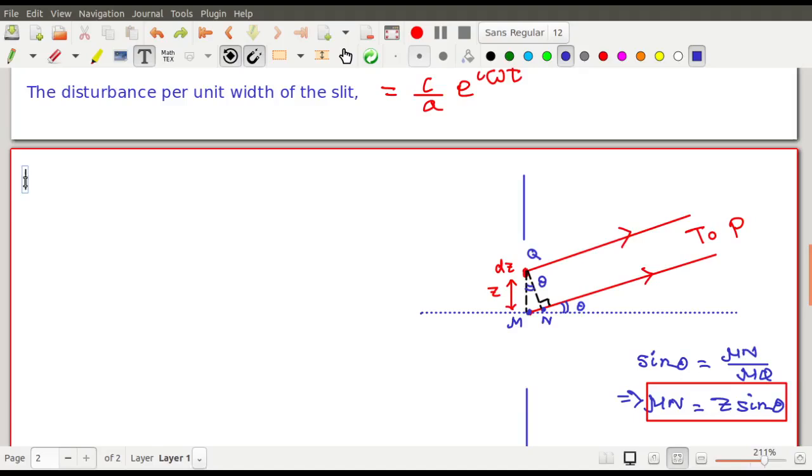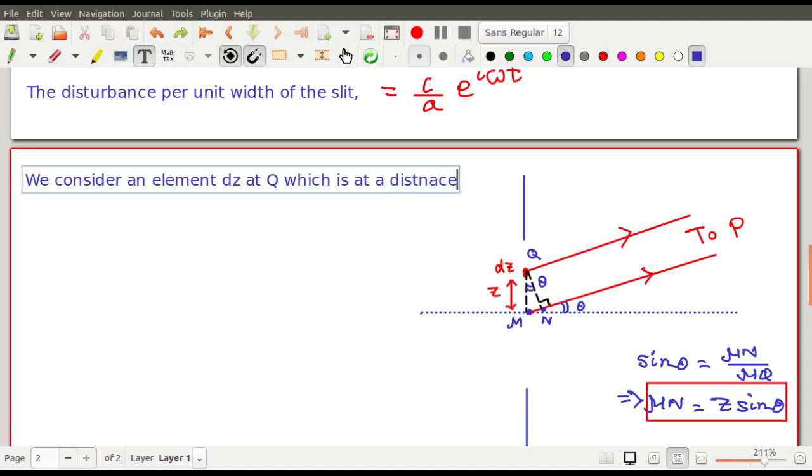We consider an element dz at capital Q, which is at a distance z from the center (within bracket capital M) from the center of the slit, right?